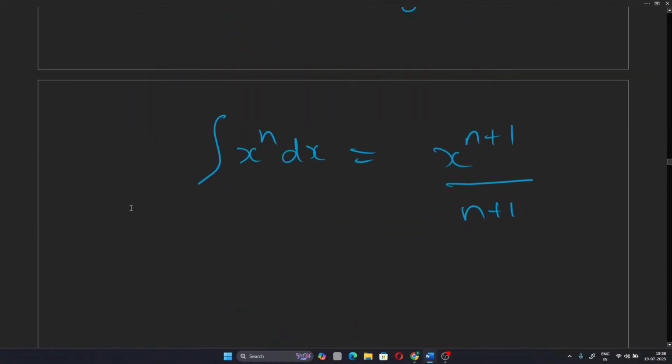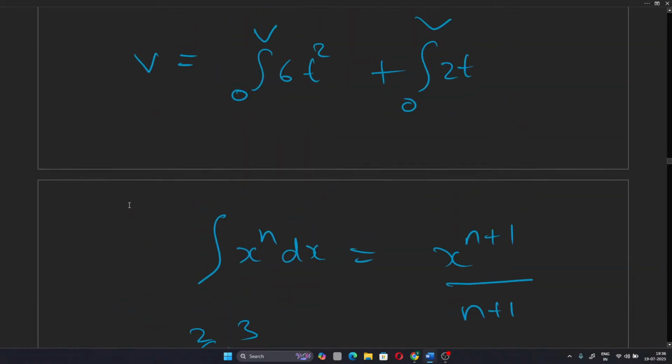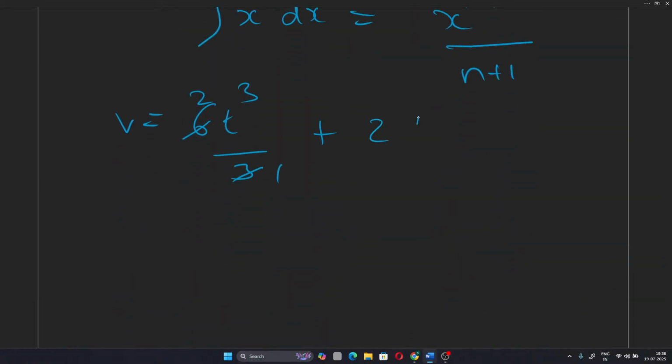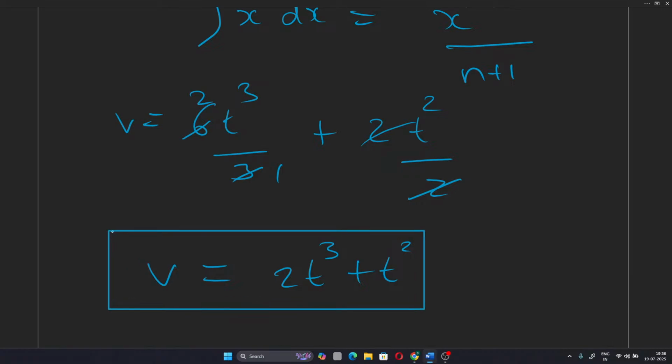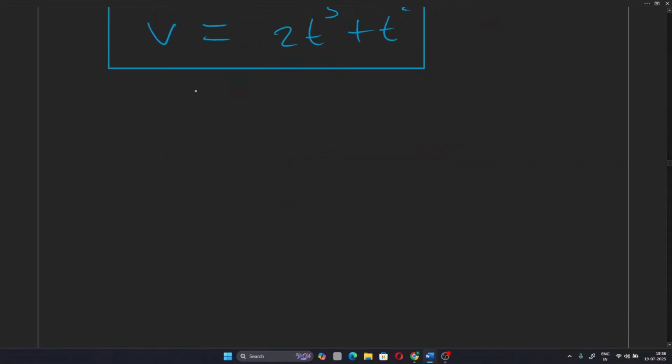So here velocity will be equal to 6 times t cube by 3, which is 2t cube, plus 2 times t will be 2t square by 2. The lower limit is 0, so we are not going to apply the limits. 2t cube plus t square is the final expression for velocity. Now let's go to the next question.